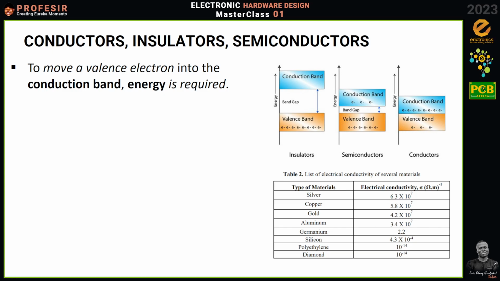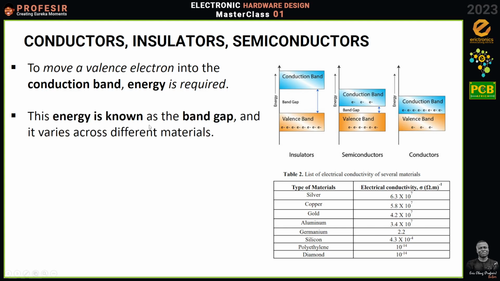Now, if you take different materials, you realize that different materials have different amounts of energy required to move an electron from the valence band into the conduction band.